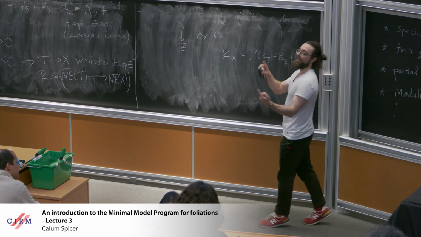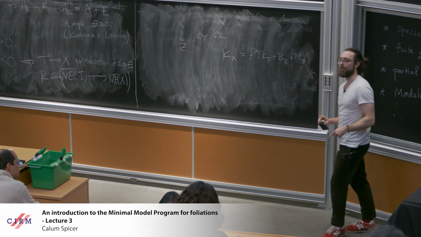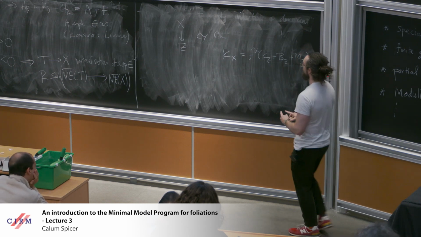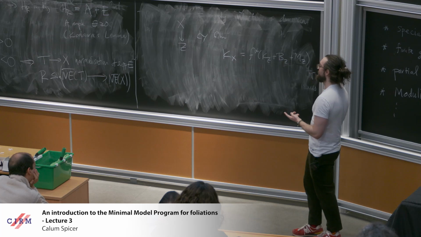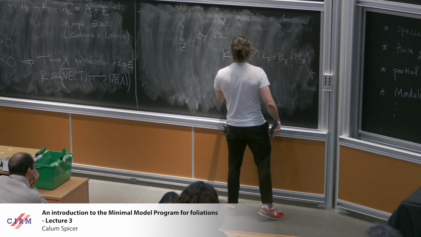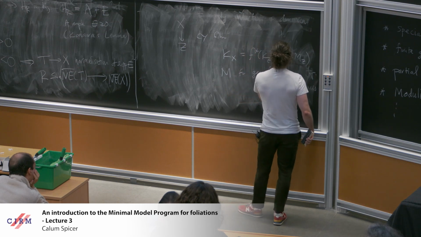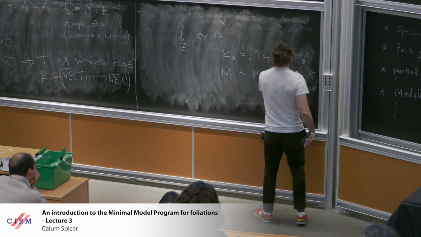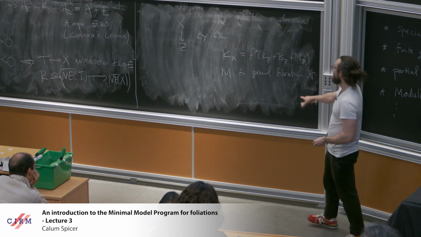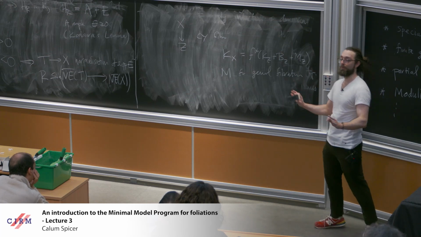By using foliated techniques, you completely circumvent the Hodge theory techniques, and you're able to work with a broader class of singularities. The other thing, and this was one of Shokurov's insights, is that you can make sense of the moduli part for general fibrations. This was our initial motivation, to study the moduli part of a general fibration. Those are Shokurov's observations; you can do this much more generally.